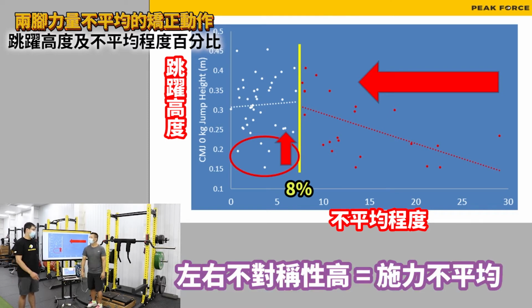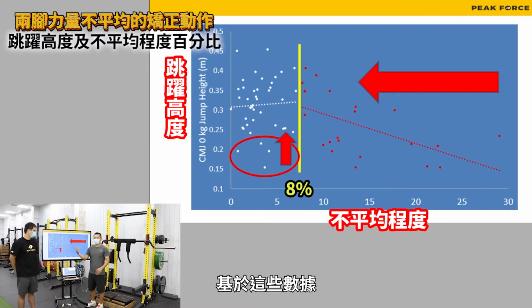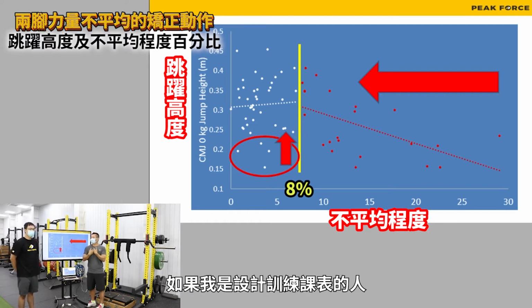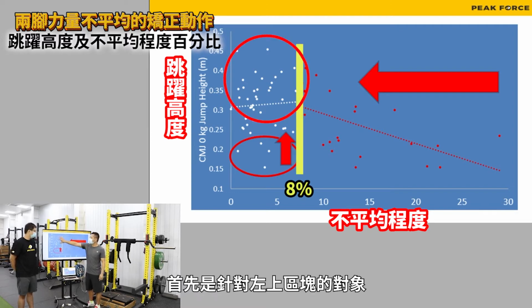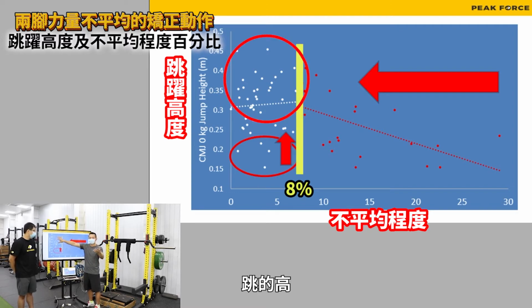Okay, so based on this data, if I were the person to design the training program, I would create 3 different training programs. The first one is for people here, people who jump high and then not much of asymmetry.